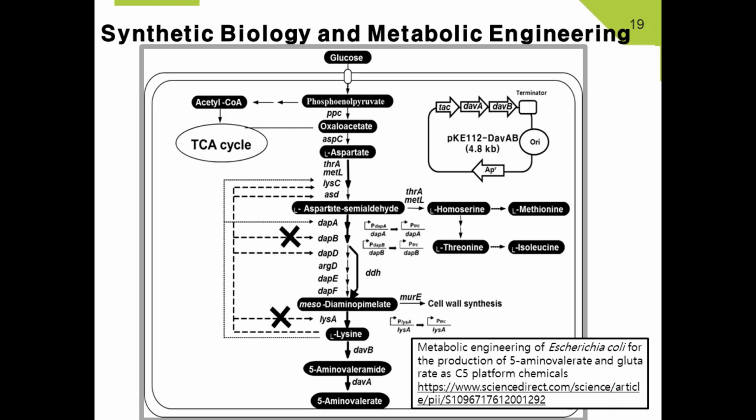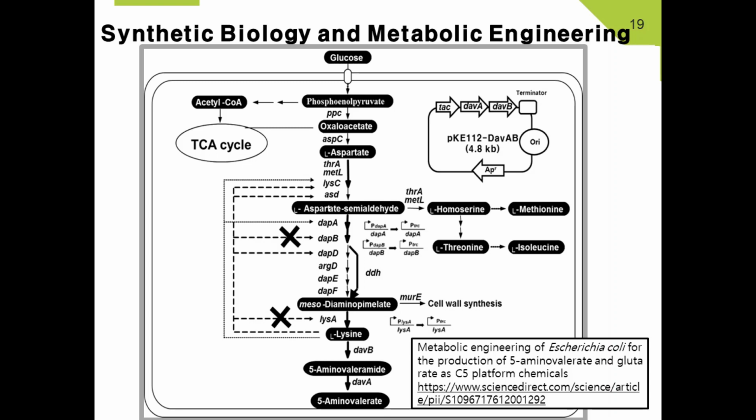In the plasmid itself, we put a P-Taq promoter, which is a strong promoter for E. coli, and then in between the Taq and DAV-A, we have an antibiotic resistance marker, so that when we put this plasmid into a strain by heat shock or electroshock, the plasmid would stay in the cell so that the strain would produce the enzymes in the plasmid.